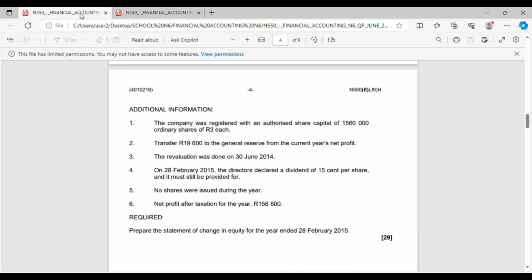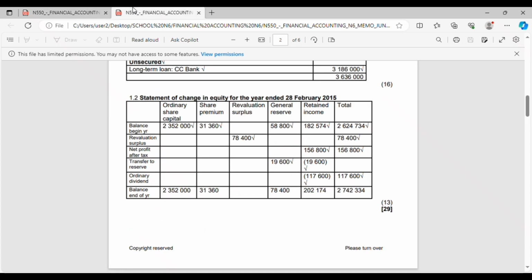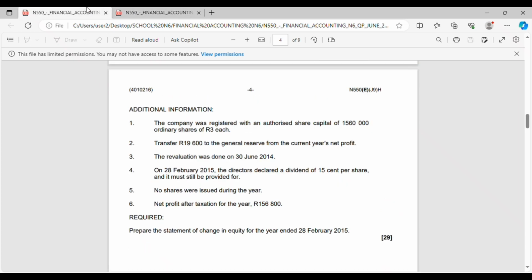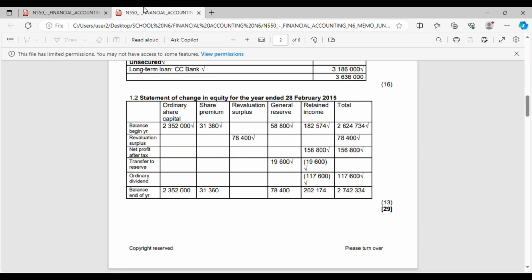Looking at additional information number 1, we've been told that the authorized share capital for ordinary shares is 3 rand. So we divide by 3 rand, and then we'll get 78,400. We take this 78,400 and multiply by 15 cents, which is 0.15, to get 11,600.